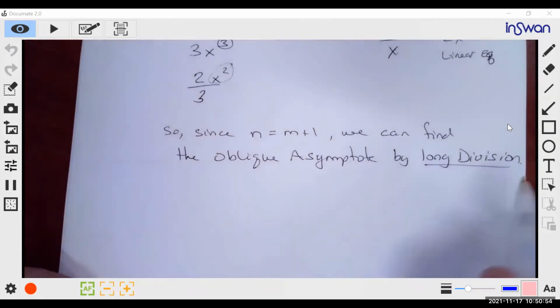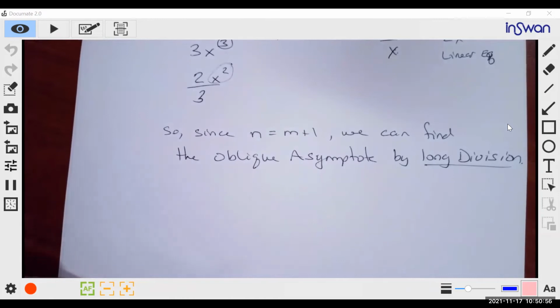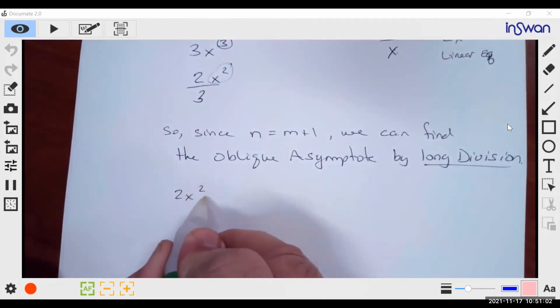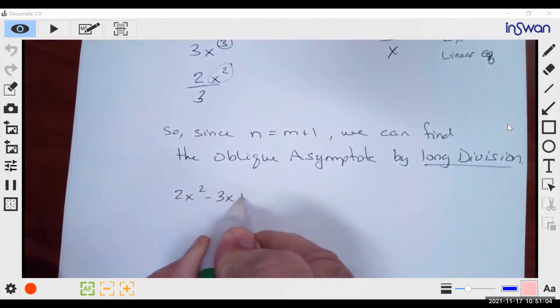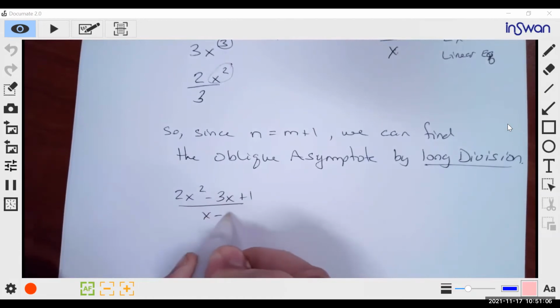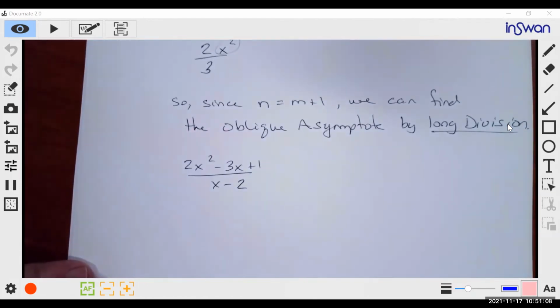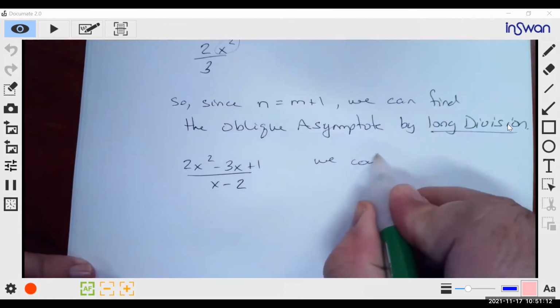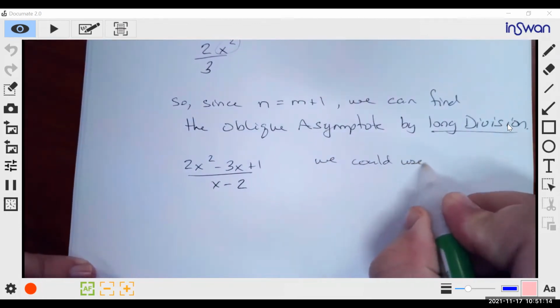Why is it long division? Because in our example, we could use synthetic.